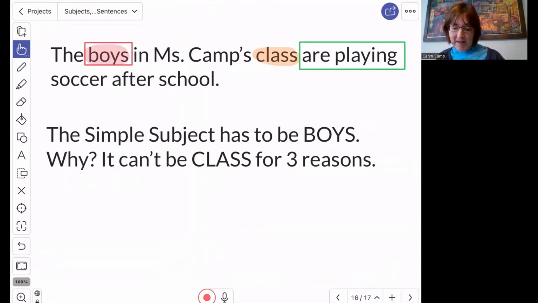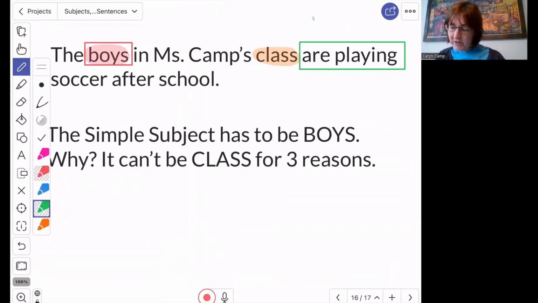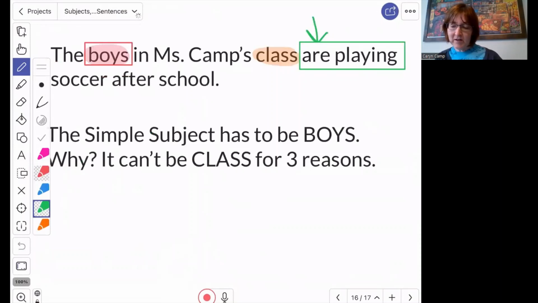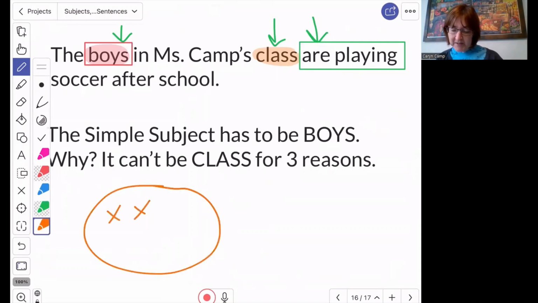Reason number 2 has to do with this word, are. We just learned that if we have more than one subject, we're going to have no S at the end of our verb. We're going to use are, not is. And so here we have are. Well, boys has an S at the end, so that would work. But class is just one thing. Class is a little bit confusing because we can have a lot of people in the class, but we're not talking about all the people.